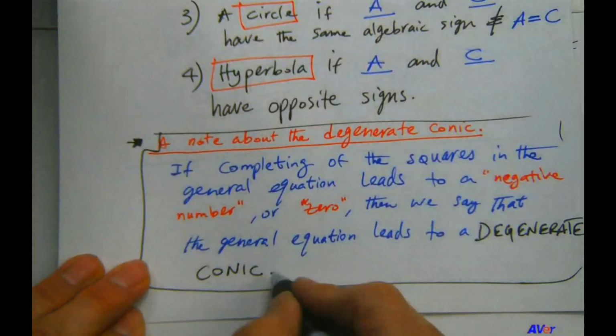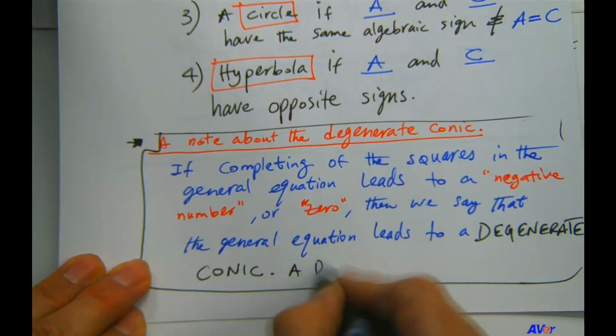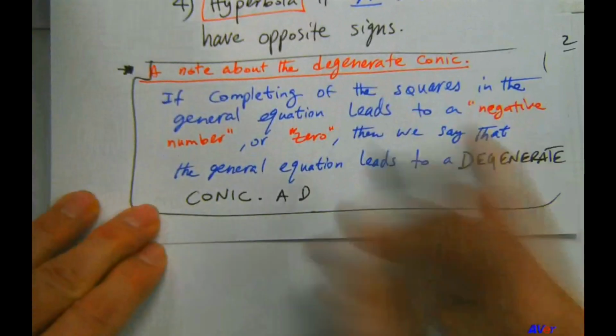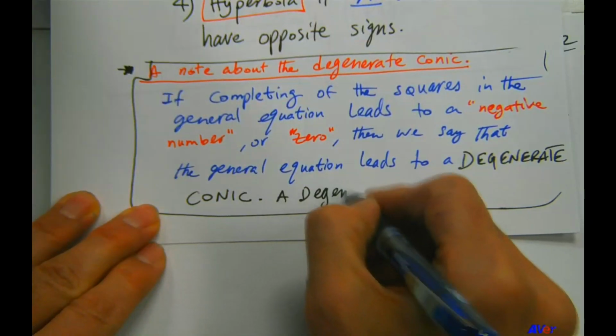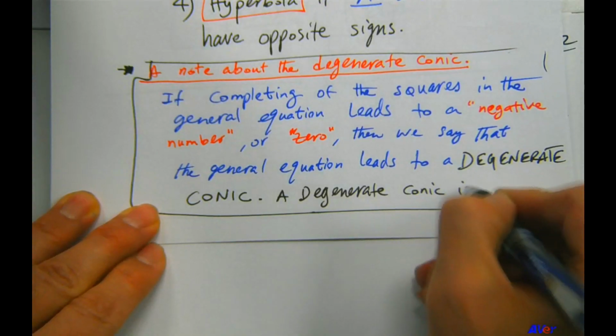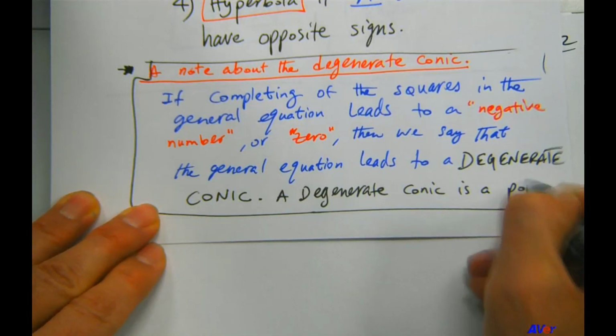I should maybe add that a degenerate conic is a point. So maybe on this slide, I'll just add to it: a degenerate conic is a point.